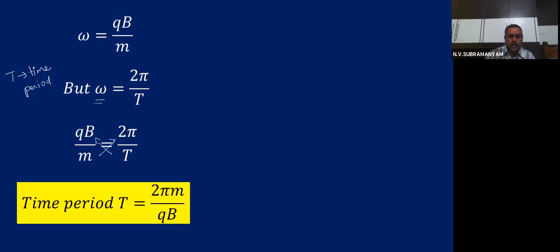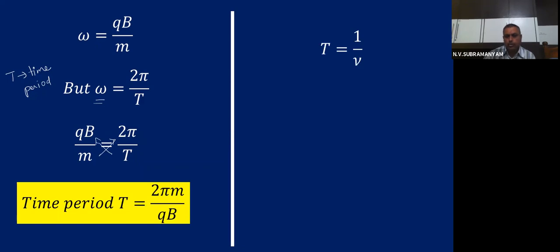Capital T is 2 pi m by qB. And all of you know, if nu is the frequency of revolution of the particle, then time period is 1 by frequency. Everybody knows.